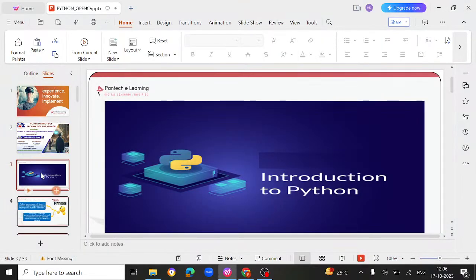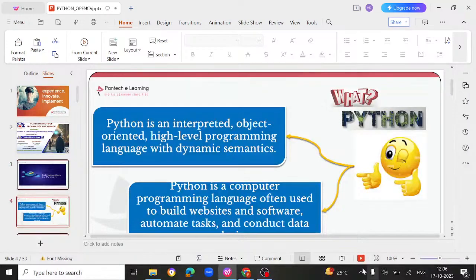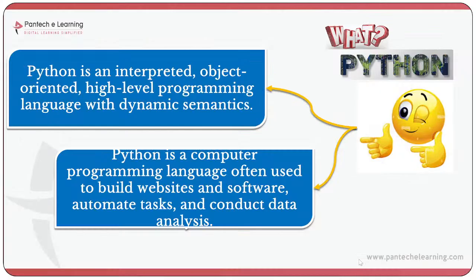Introduction to Python. For today's application, we are using the Python programming language, so that's why we need to know about Python. So what is Python? Python is an interpreted, object-oriented and high-level programming language with dynamic semantics. Python is often used to build websites and software, automate tasks, and conduct data analysis.